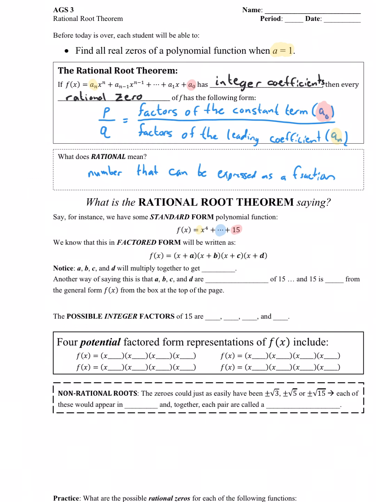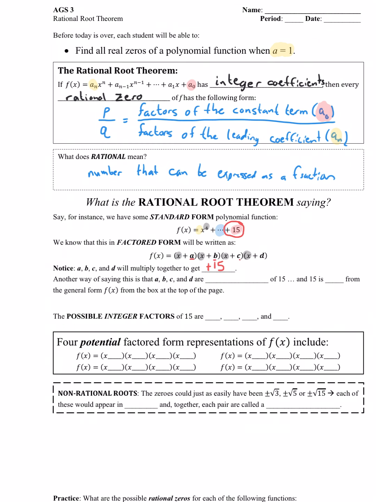All right. So we know, because this is x to the fourth, factored form is going to be x plus a, x plus b, x plus c, x plus d. There's going to be 4 x's, which is good because it's a 4th degree polynomial. So that's what factored form should look like. What the rational root theorem is saying is that a, b, c, and d have to multiply together to get us positive 15, because that's what the number was up here.